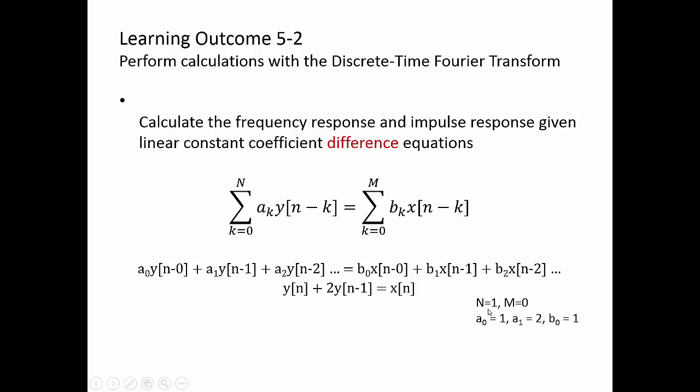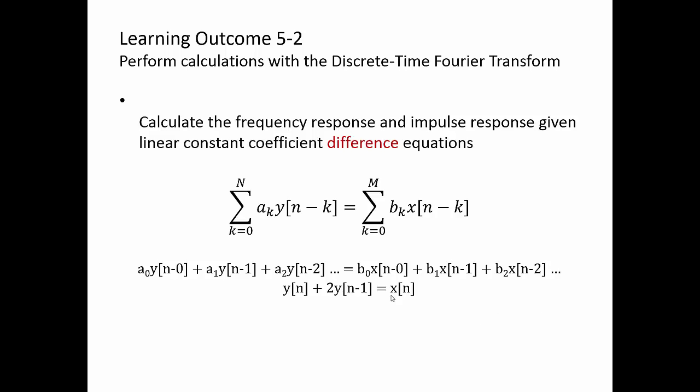Our n value is 1, because the largest value on the left side is 1. Our m value is 0, largest value on the right side is 0. Our a0 is 1, it's the unwritten coefficient for y of n. Our a1 is 2. Our b0 is 1, another unwritten coefficient.